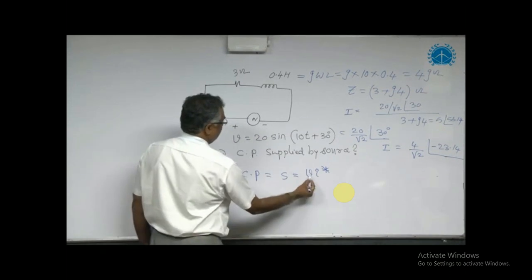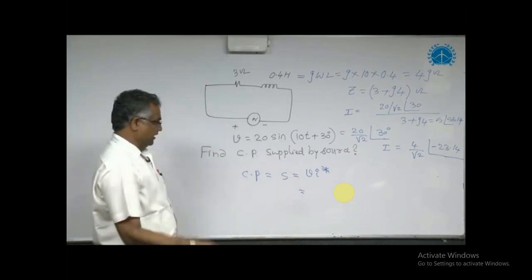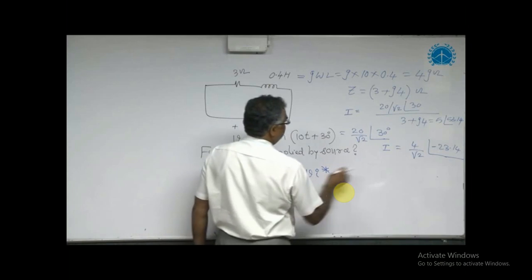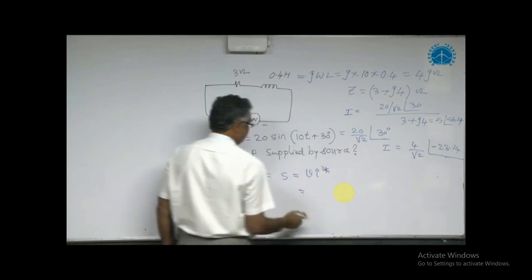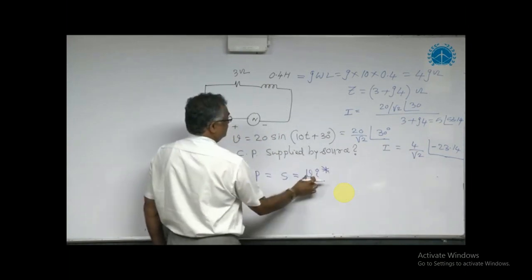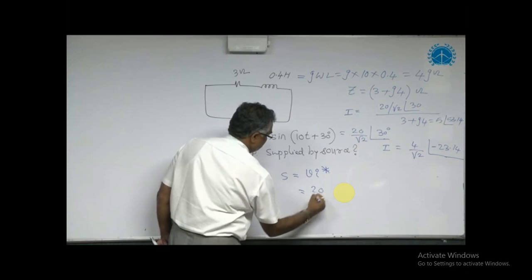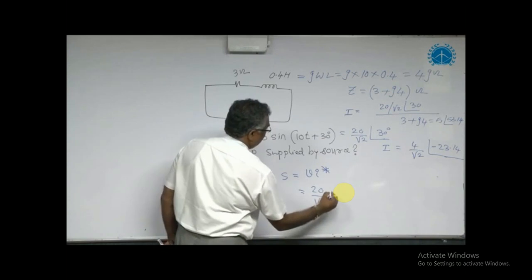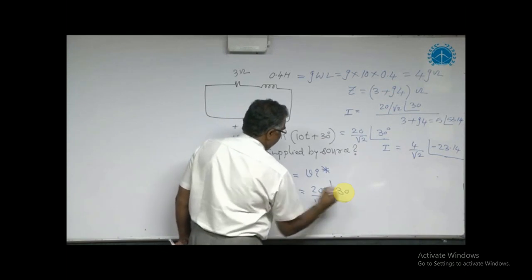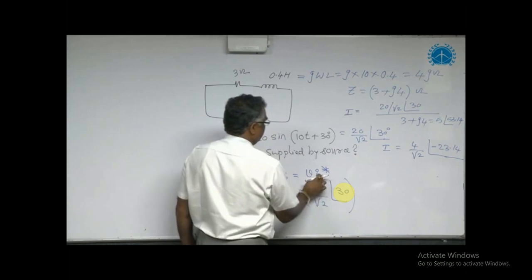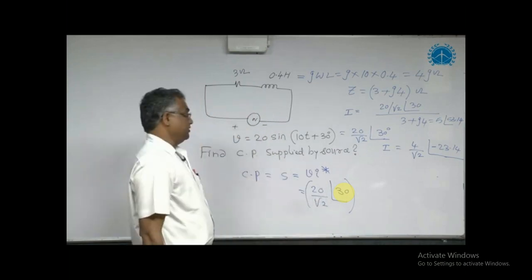This small v indicates voltage with angle. The small i also indicates current with angle, VI star. So V is 20 by root 2 at an angle of 30. Then the current we need to take as the complex conjugate.